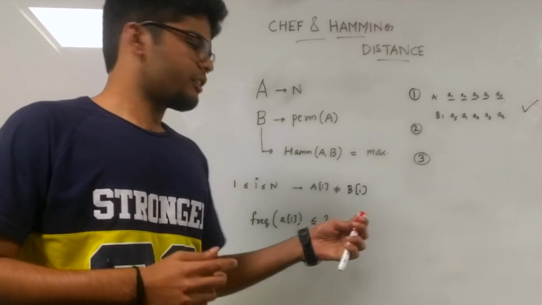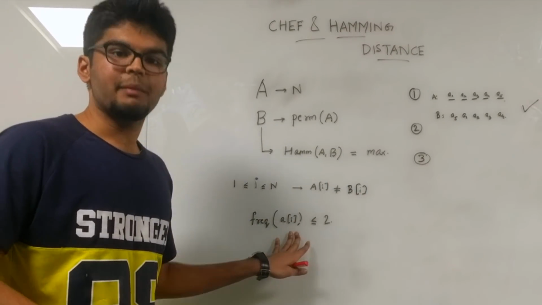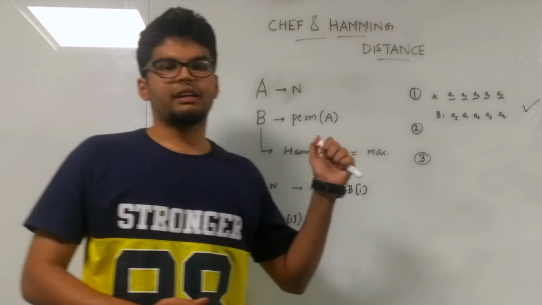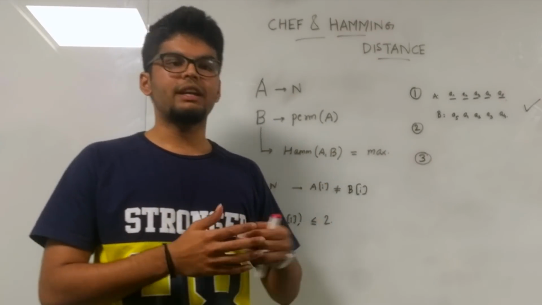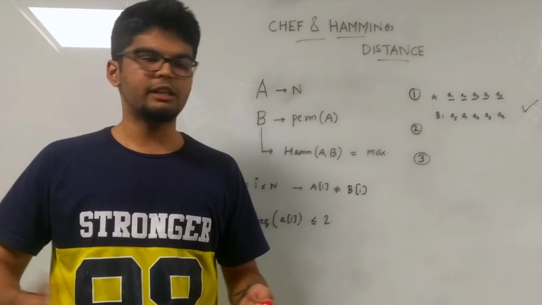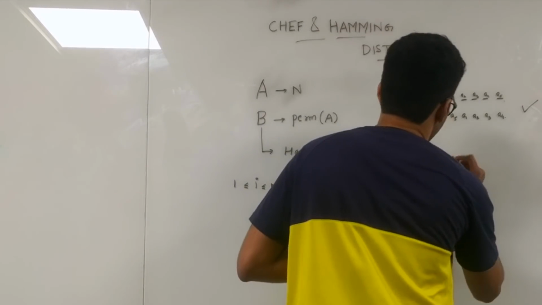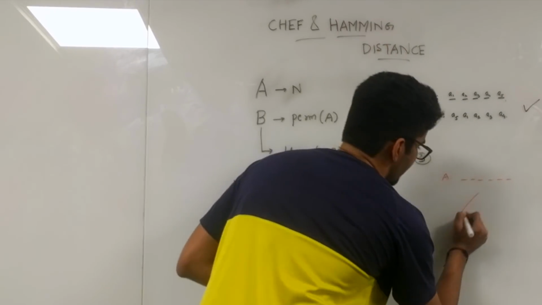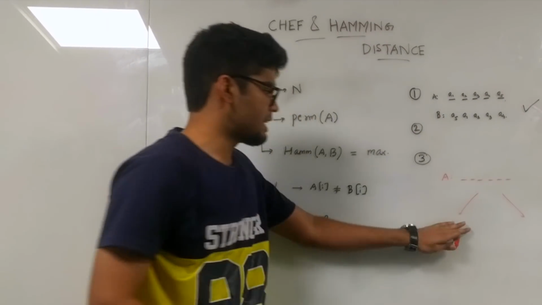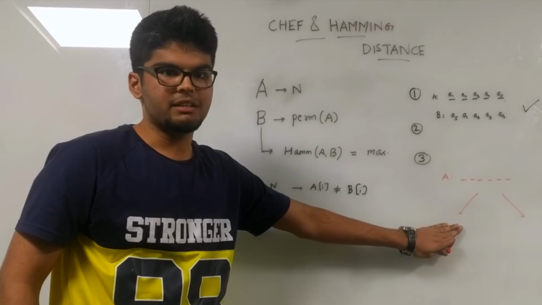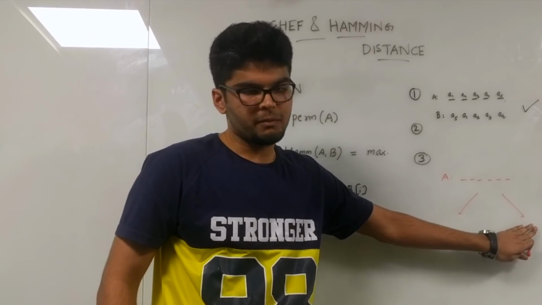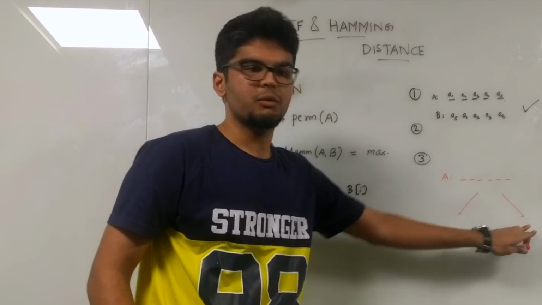So now, the frequency of an element can be 2 as well. So your array can have 2 different types of elements, one having frequency 1 and the other having frequency 2. Let's divide our array A into 2 parts: one containing indices of elements with frequency 2, and one containing indices of elements with frequency 1.